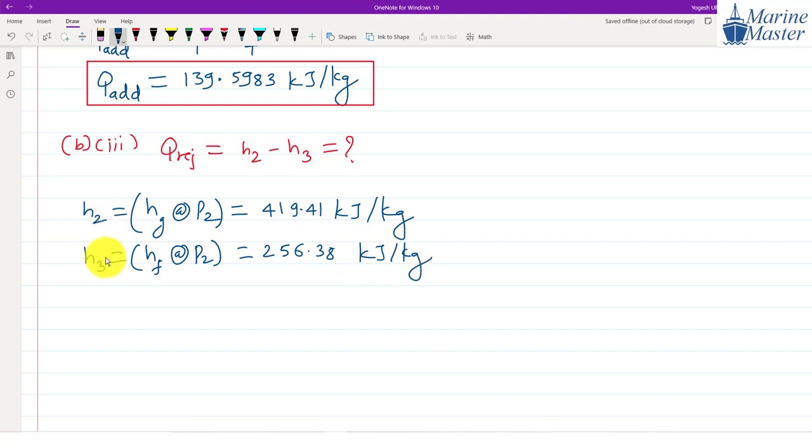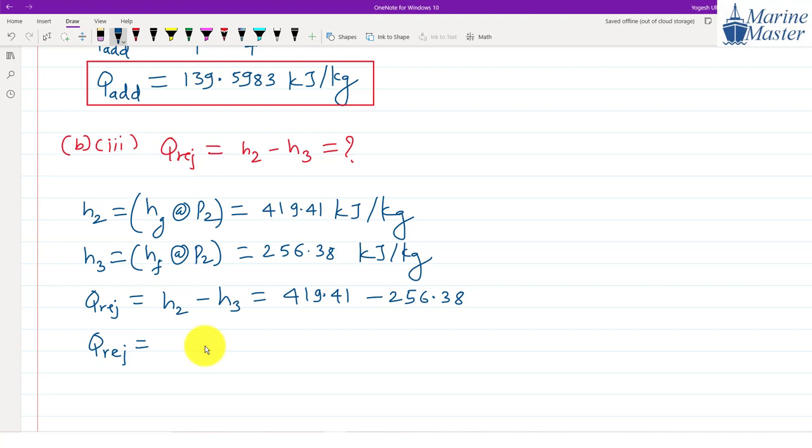So we have H2 and we have H3. The relation for Q rejection is H2 minus H3, which is 419.41 minus 256.38.